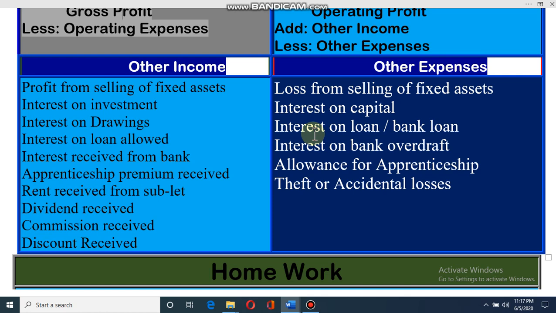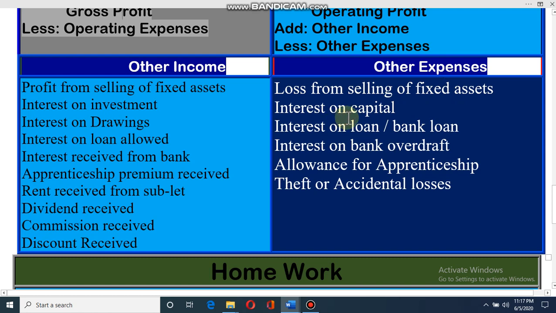Dear student, some examples are given here. Look at loss from selling of fixed asset. That means if you profit from selling of fixed asset, that is your other income. If you lose from selling of fixed asset, then it is other expenses. Then interest on capital.